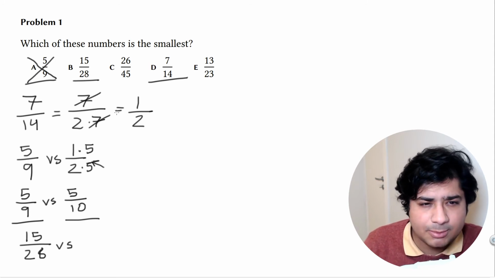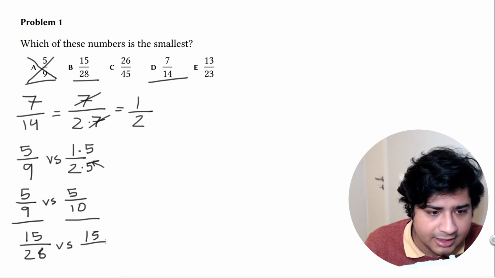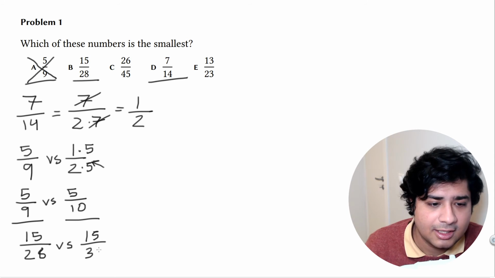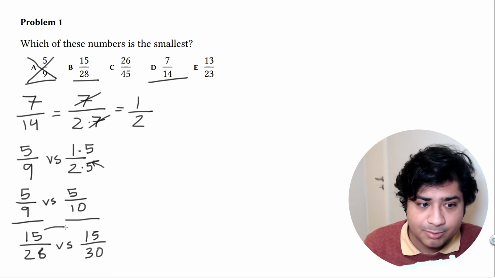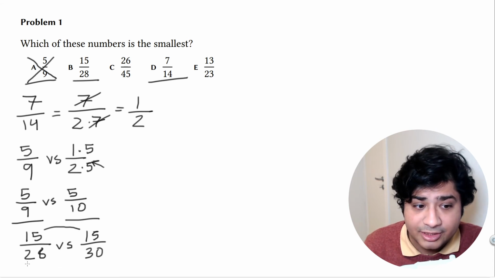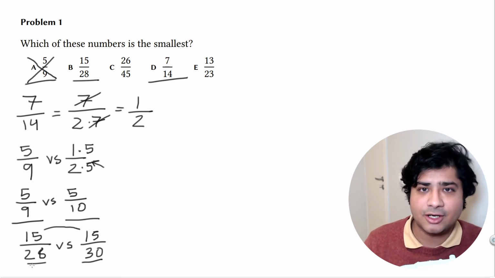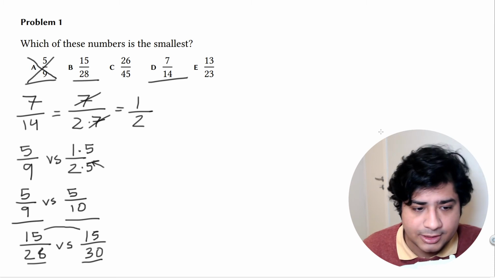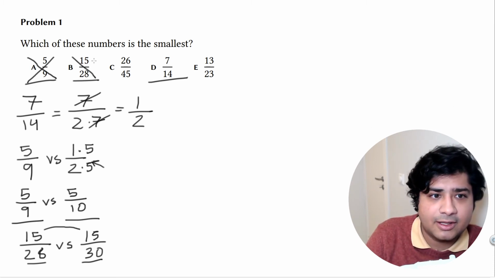So what can I multiply 1 by to get to 15? Well, I can multiply it by 15, so let's do that. 15 up here over 2 times 15, that's 30. Aha, I run into the same thing. Both of these are the same. But these two are different, and whichever denominator is smaller means that the entire fraction obviously is going to be a larger number than this one. So again, this number also is out of the competition.